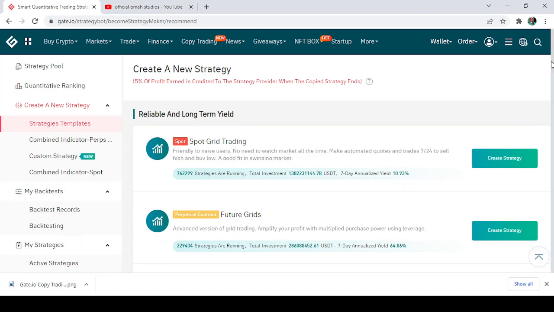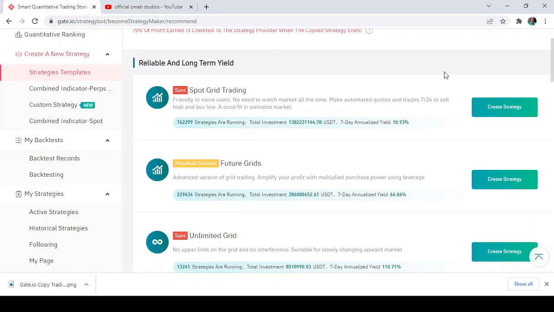Now the first one is spot grid trading. According to what we have here, it says friendly to naive users, no need to watch markets all the time. Make automated quotes and trade 24/7.